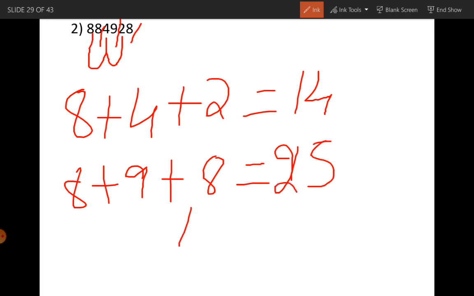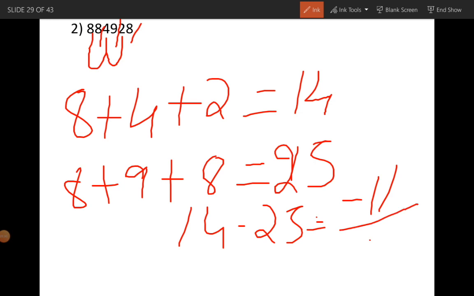And 14 minus 25 is equal to minus 11, which is completely divisible by 11. So this number is divisible by 11.